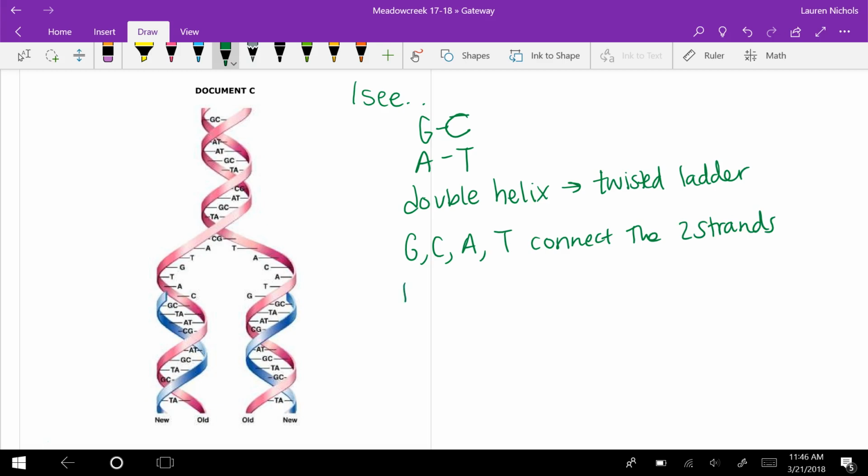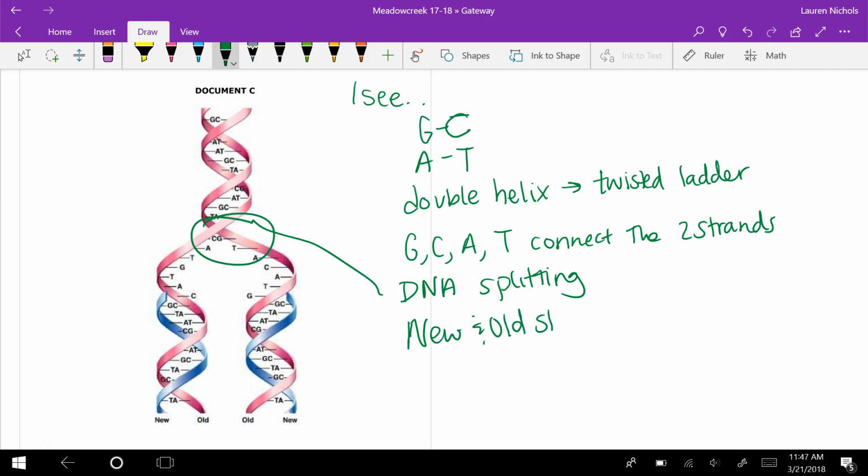I see DNA splitting. See that part right here? I see a new and old strand create a copy. I see the old strand used as a template.